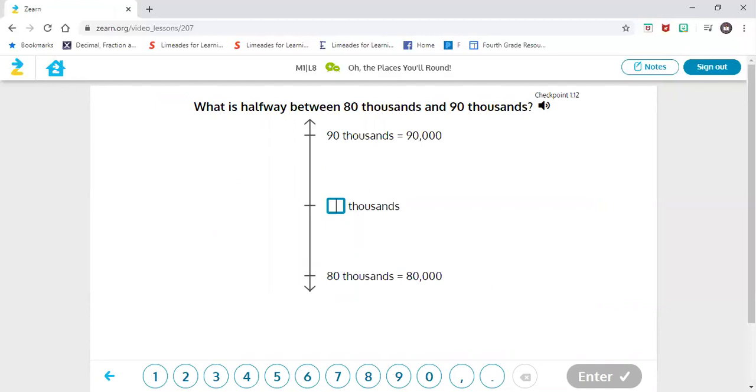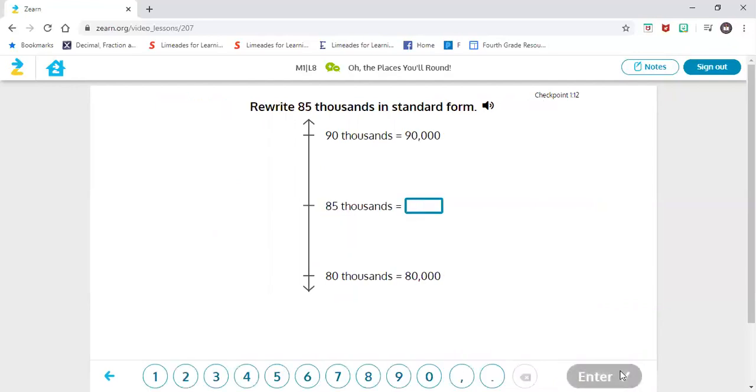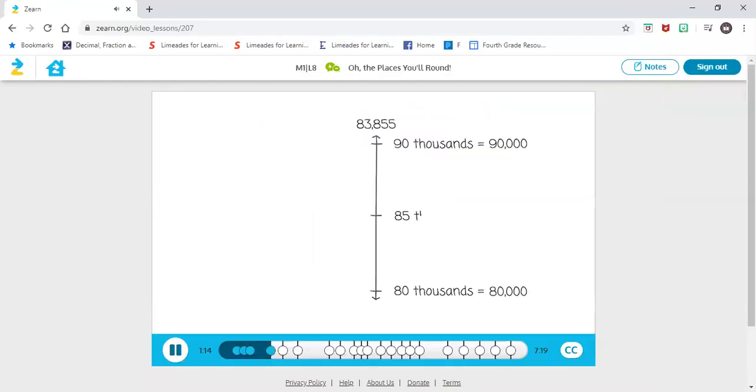And I know that's 85. So 85,000. Now that's in my written form, and now I have to change it to my standard form, which would be 85,000. The midpoint is 85,000, or 85,000.